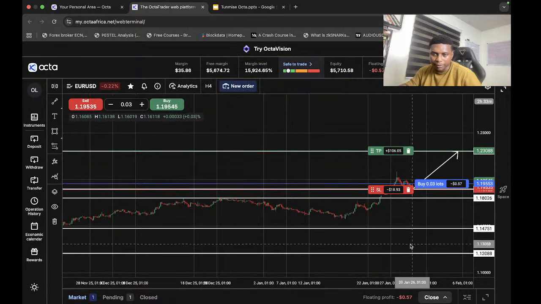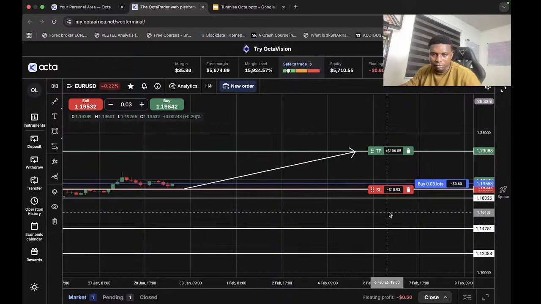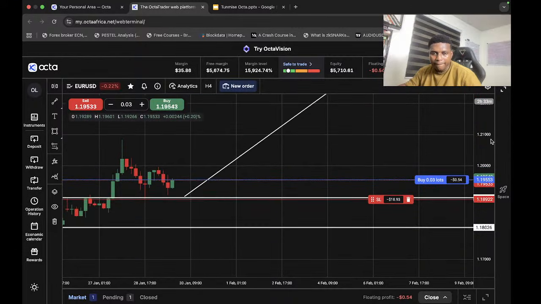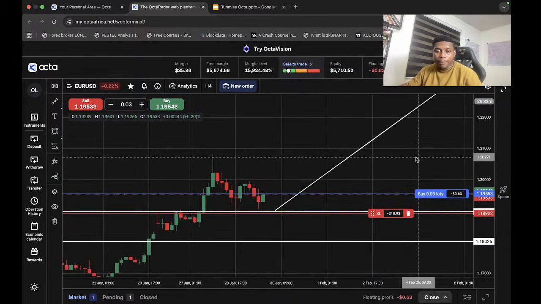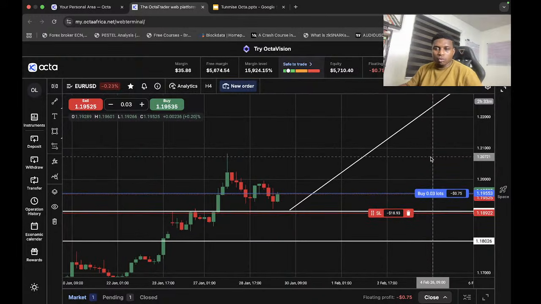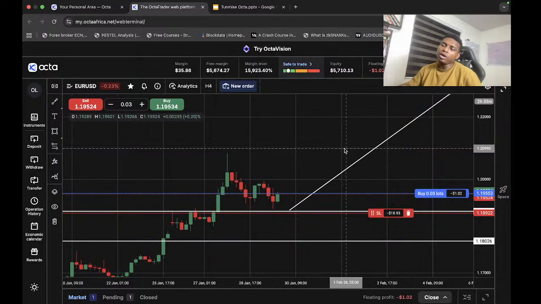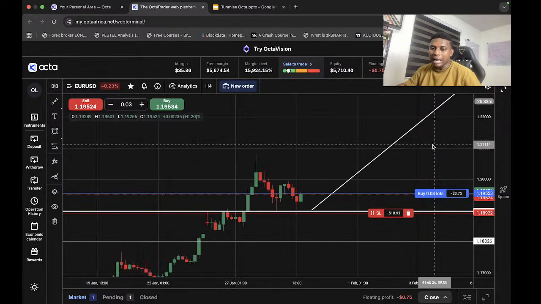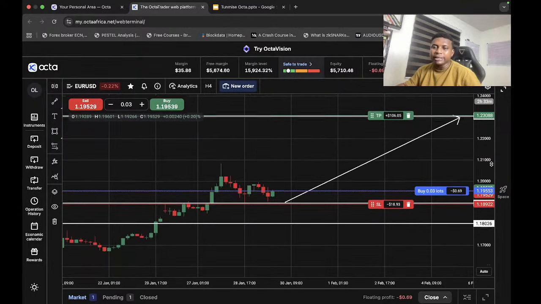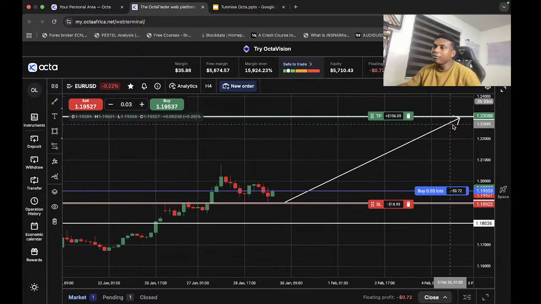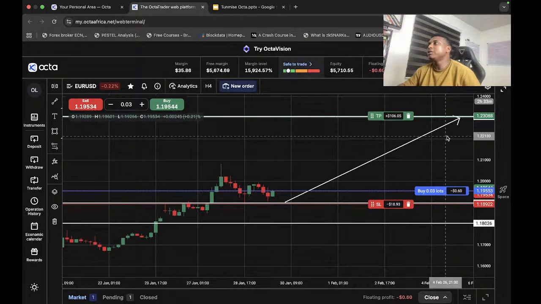Can you see that? Good. So now we are optimistic that price will keep going up, and the next target level for price is 1.23088.